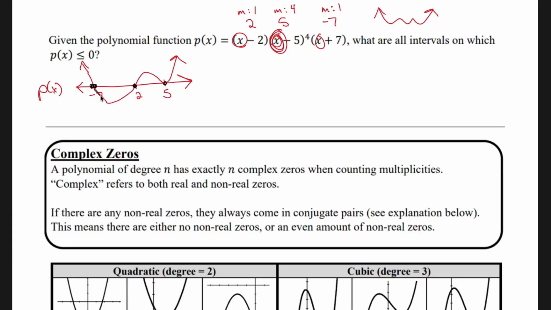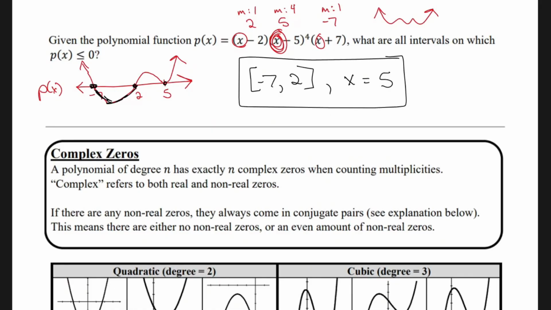It's going to be less than 0 in 1 spot, union. So that is going to include -7 through 2 and including 2. But also I care about when it's less than or equal to 0, so I also have to include the fact that 5 is a possible option. So my answer isn't just an interval, it's also a point. Isn't that something? It sure is.